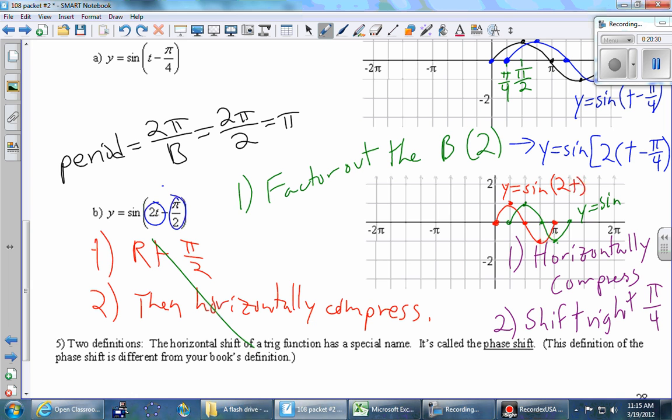Sine of 2t minus pi over 4. Not so easy, huh? There's a reason we leave the horizontal shifts until the end.